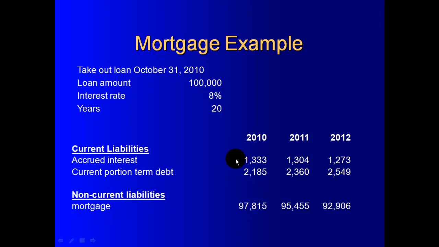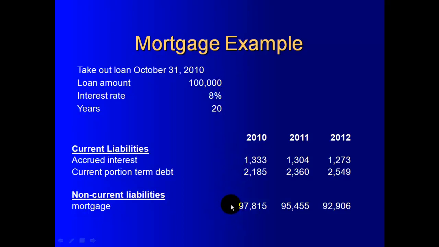In practice, a lot of times, the lending institution or the bank where you borrow the money from will split your payments out and actually give you the information on what you're going to owe within the next year. The current portion term debt is what you owe on the principal, part of that $100,000 that you're going to be paying off over the next 12 months.